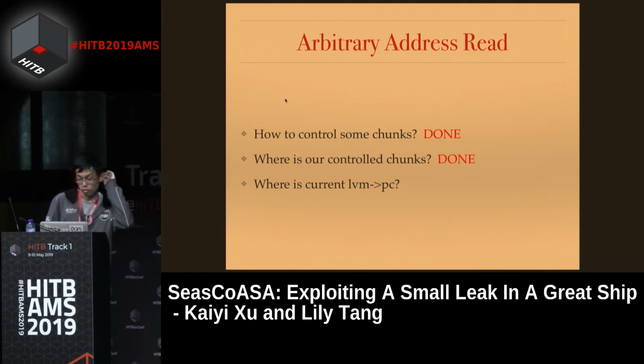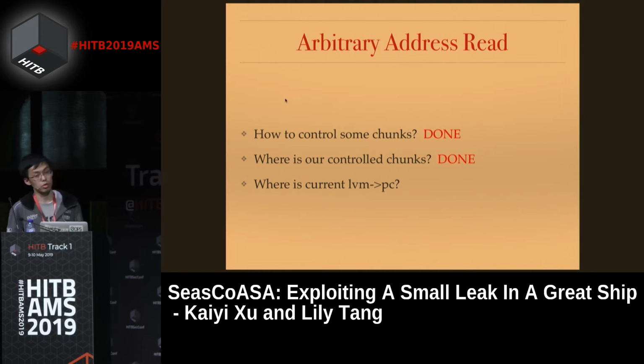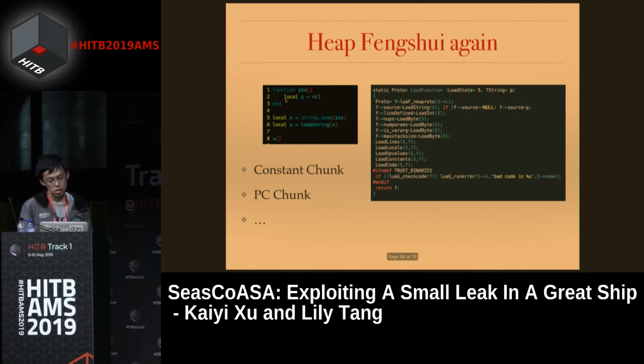So up to now, we have already put our data in some chunks, and we already know where our control chunk is. The last question is where is the current PC? We are going to use heap feng shui again. Every time we call a function, Lua will try to initialize the environment and allocate some chunks, including the const chunk and the PC chunk.